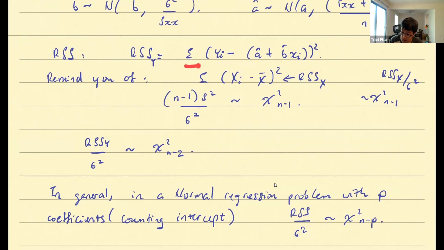If I really want to show this as a chi-square distribution, the only way I know is through matrix notation. But accept this for now, that the residual sum of squares, that's a more important concept, normalized with sigma square will be a chi-square distribution with the appropriate degrees of freedom. Degrees of freedom is just the number of data points minus the degrees of freedom lost. Okay? Question.